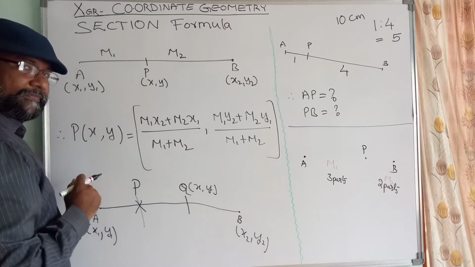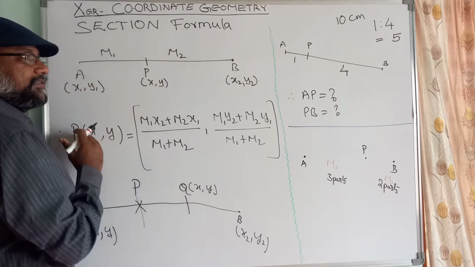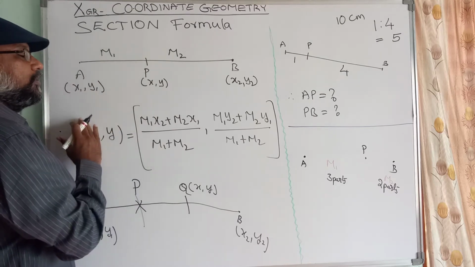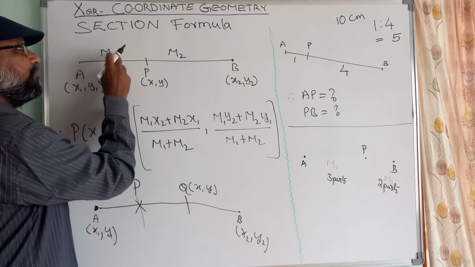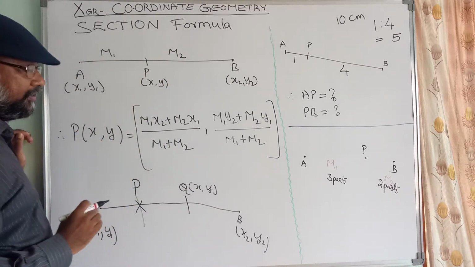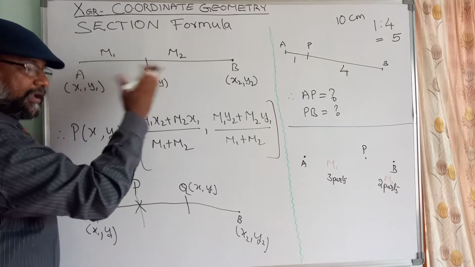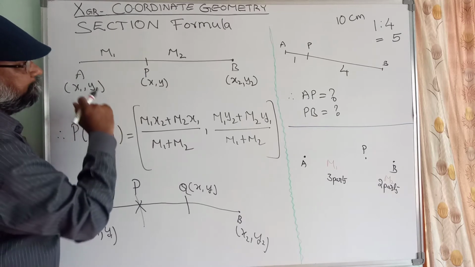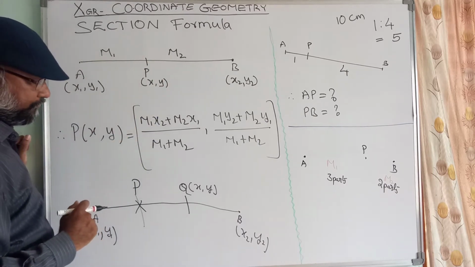This point separates the line joining into two parts in the ratio m1 is to m2. Ratio means a common part will be there. I will explain. So m1 ratio, m2 ratio.